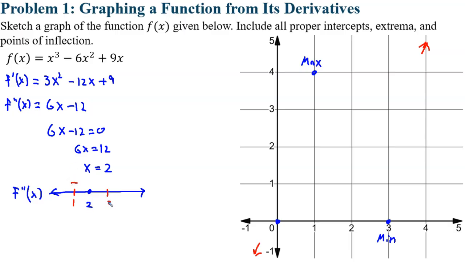And if I plug in a 3, I'd have 18 minus 12, which would be a positive 6, something positive. Yep, so we are changing signs. We are changing concavity at that point, x equals 2, which is why I do know I have a point of inflection. Or we'll just say inflection point.